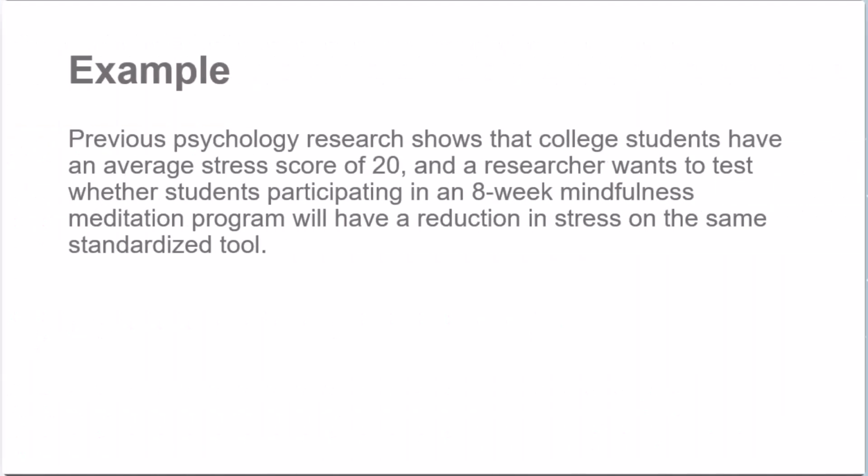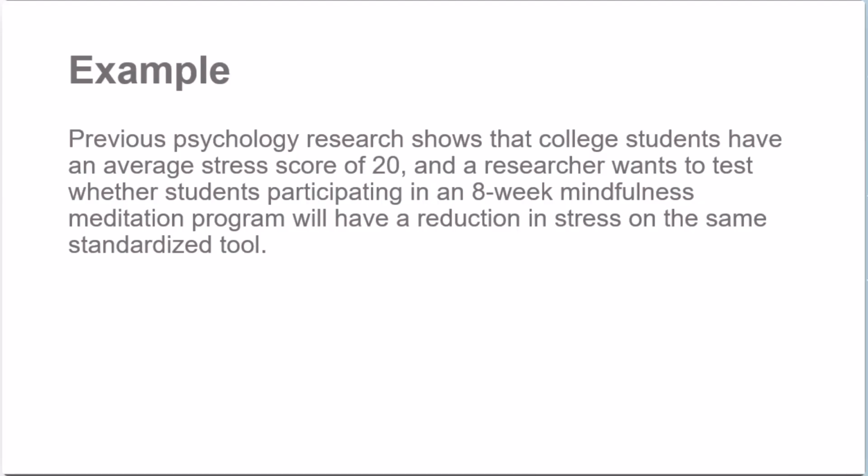So just an example to see how this might play out. Previous research in psychology shows that college students have an average stress score of 20 on a particular stress measurement. A researcher wants to test whether students participating in an 8-week mindfulness meditation program will have a reduction in this stress score.